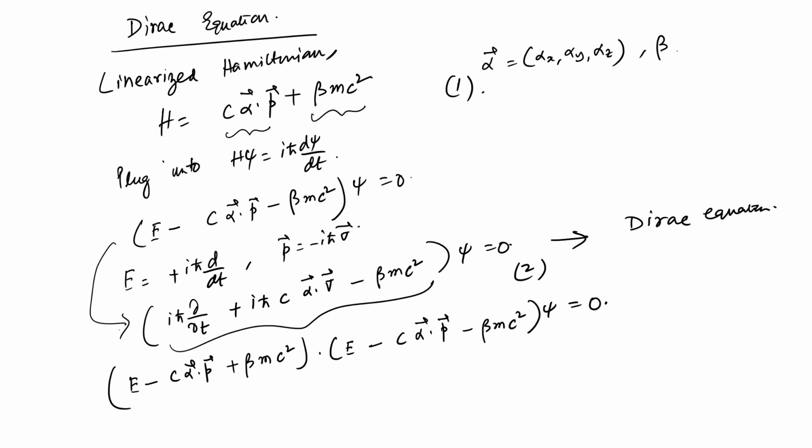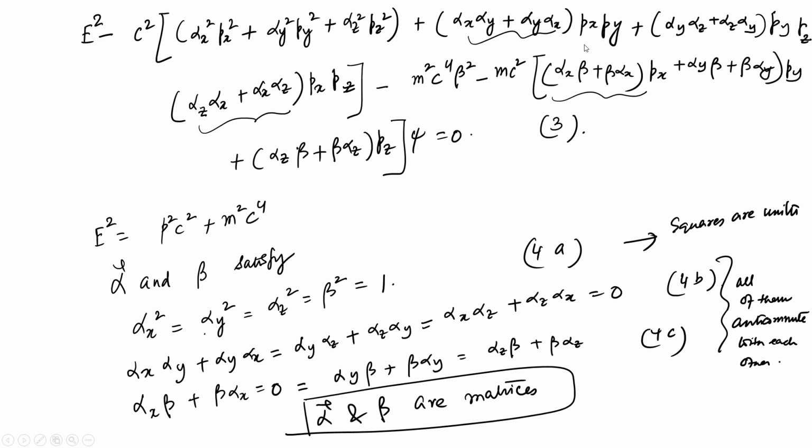And in order to get further insights into the problem, what we did is multiply these operators from the left on this Dirac equation, the same operator that appears in the Dirac equation. Once that is done, we get a long equation including the p x square, p y square, p z square terms, then the cross terms p x p y, and the terms that are linear in p, and there is also one term that is completely independent of p and depends on the rest mass energy.